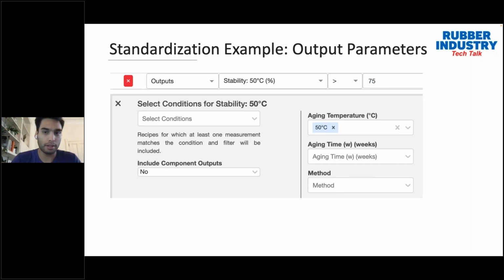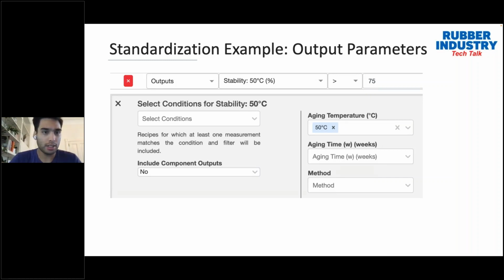This is just an example of the searching capability, being able to create that condition of aging temp so that your results show, in this case, stability at everything above 50 or everything above 75 done at 50 degrees C.